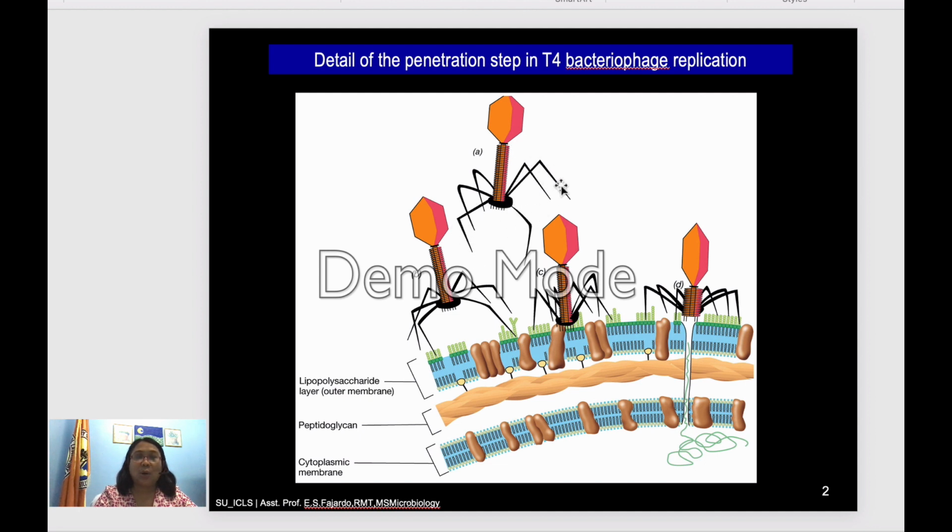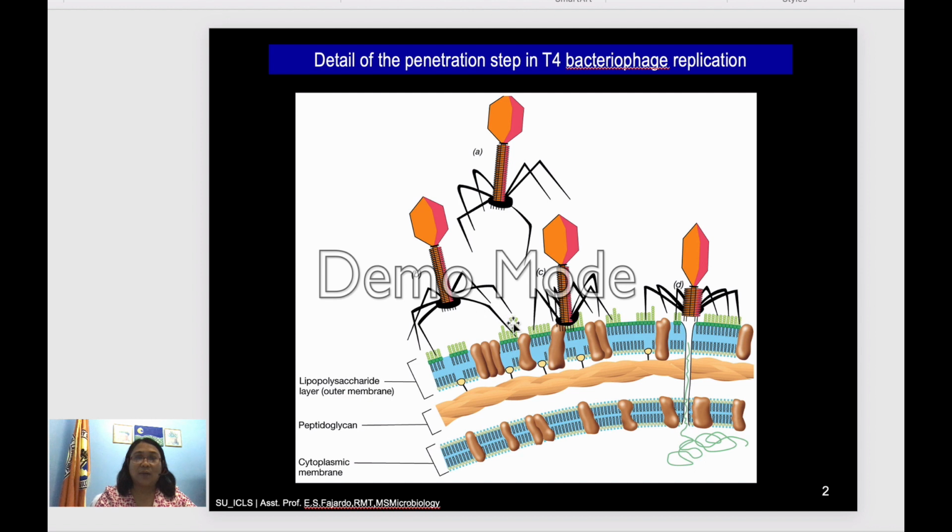In the attachment, it is the tail portion of the phage that attaches to the receptor site in the host. This is the major spike, equivalent to the spikes of the human viruses.